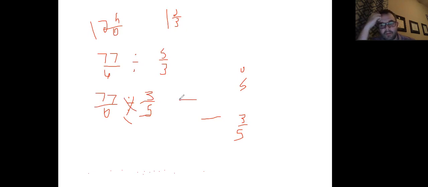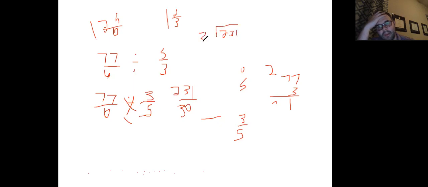So 6 times 5 is 30, and then 77 times 3, 21, 21, 22, 23, so 231. Then I have to divide here. So 231 divided by 30.